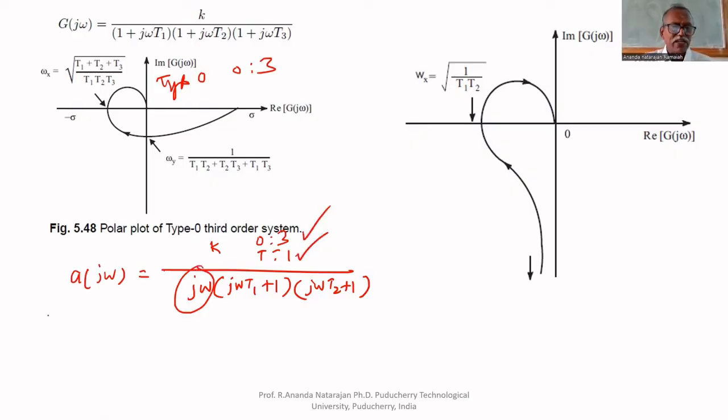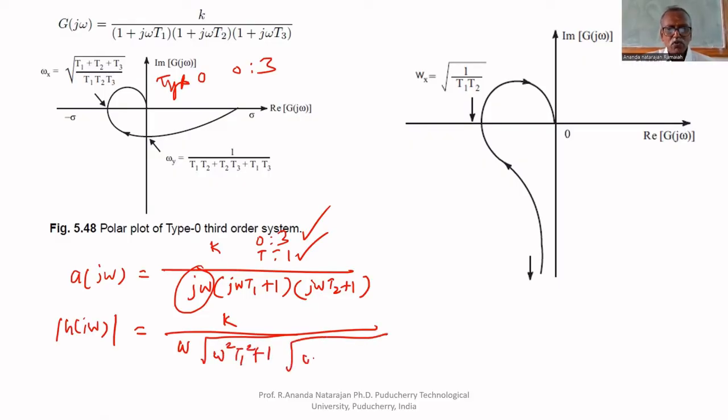Here, let us find the magnitude, the modulus of G of j omega, which equals K upon omega times the square root of omega square T1 square plus 1, times the square root of omega square T2 square plus 1. That's all. What is the angle?